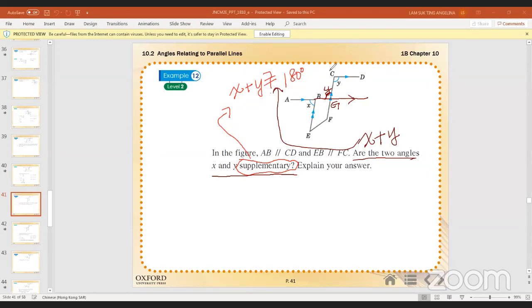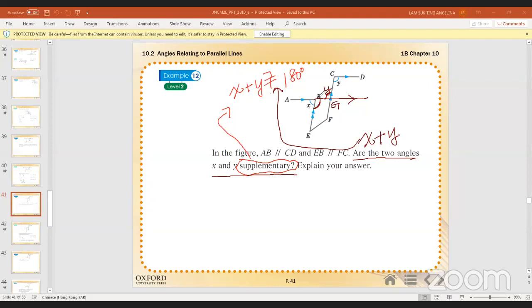And then how about this one? Is this one also angle Y? It's also Y. Agree? Yes, very good. Now in this case, we can try to add X and Y together.